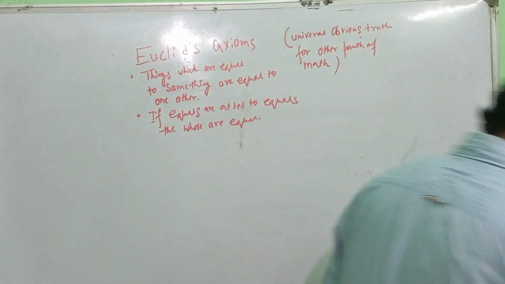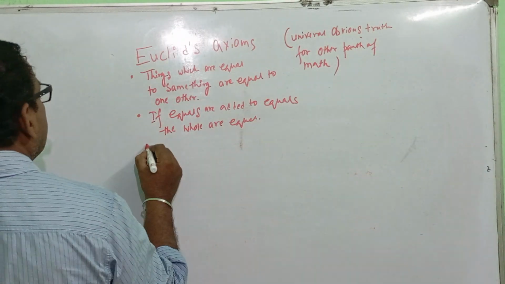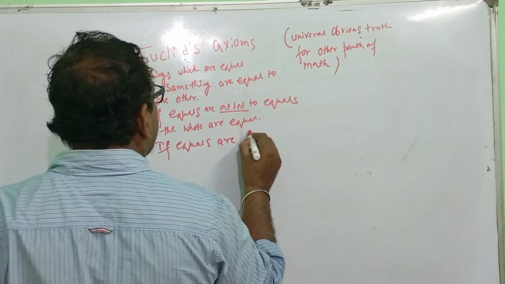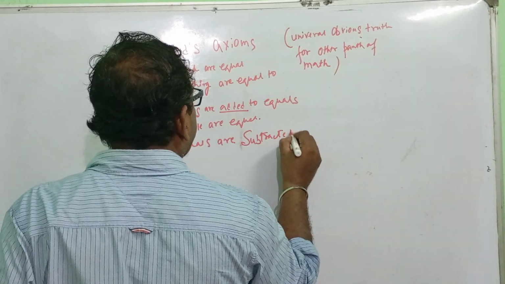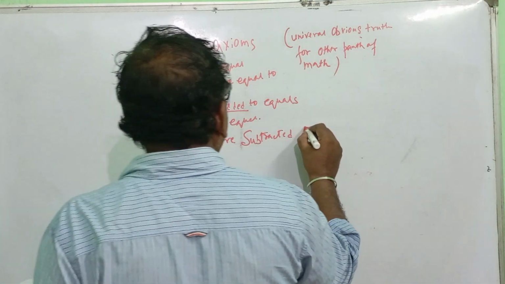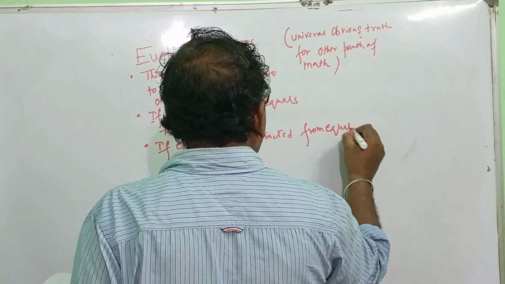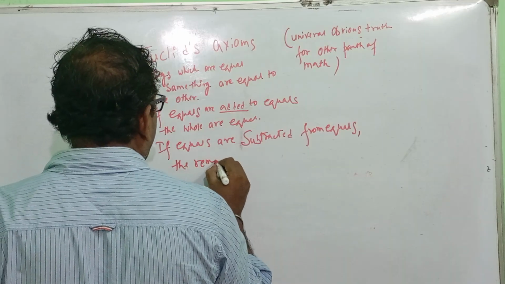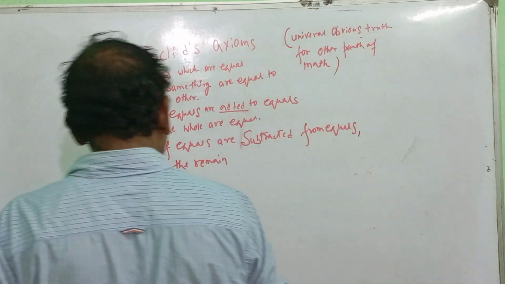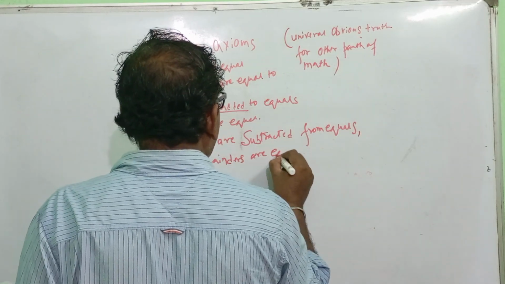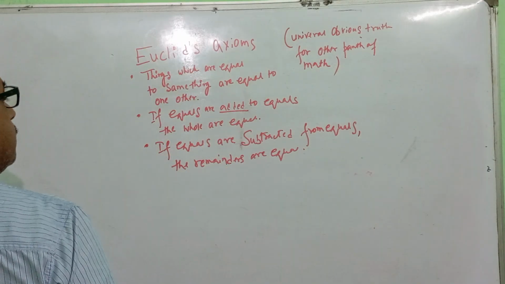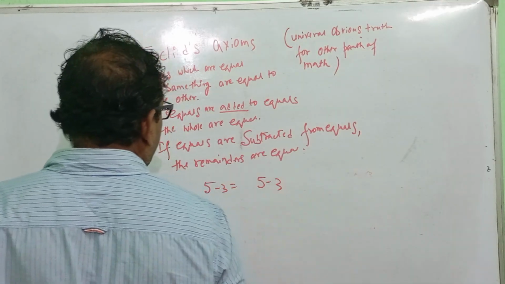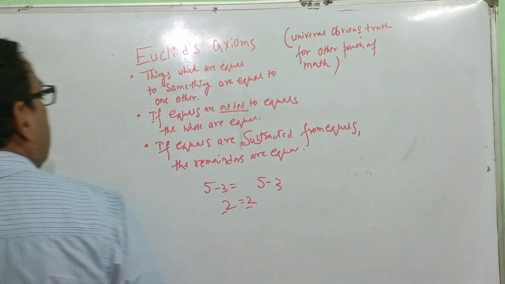Number 3: if equals are subtracted from equals, the remainders are also equal.